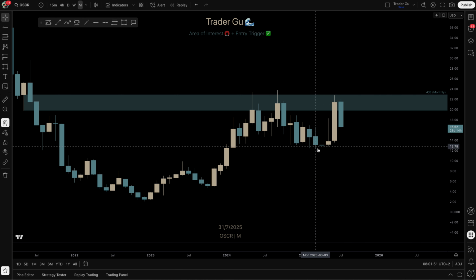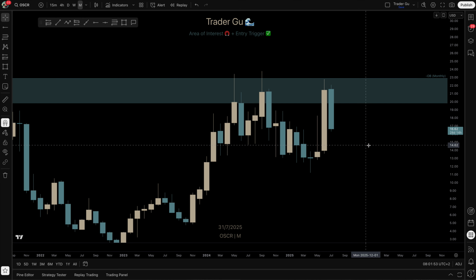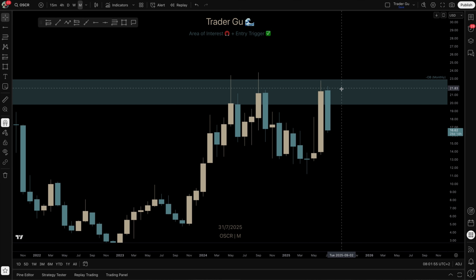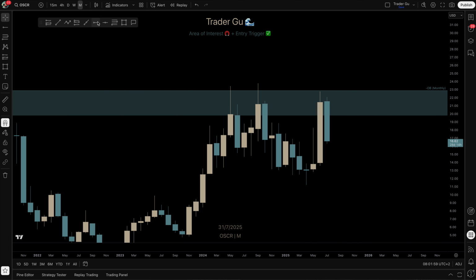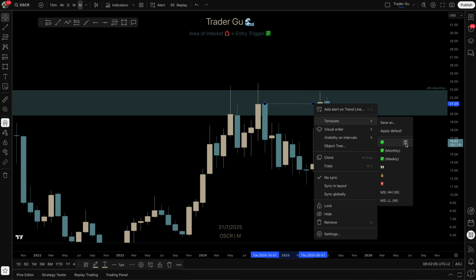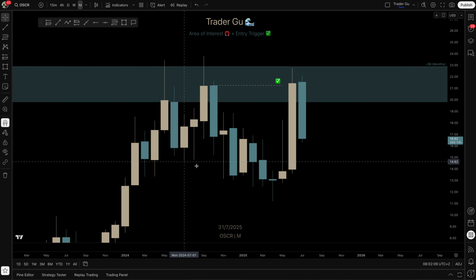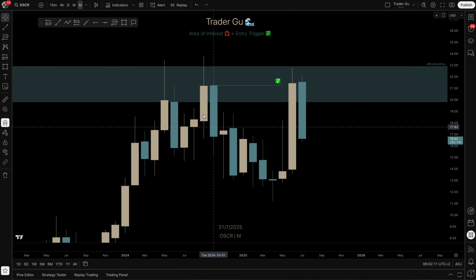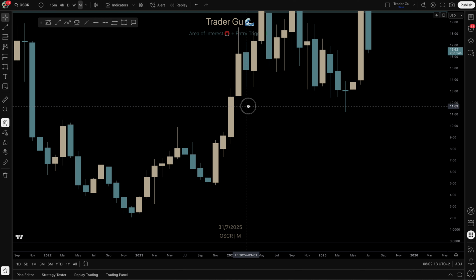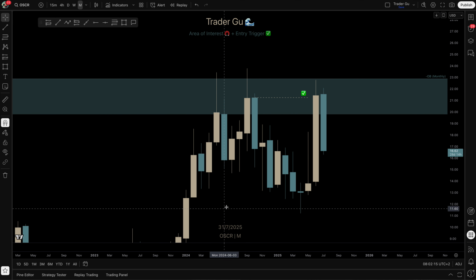And now just recently we have tested it again, and now we have in the retracement. And what is interesting here from my perspective is that we actually made a higher high on the monthly time frame, indicating a high time frame reversal or continuation if you're considering the bottom.